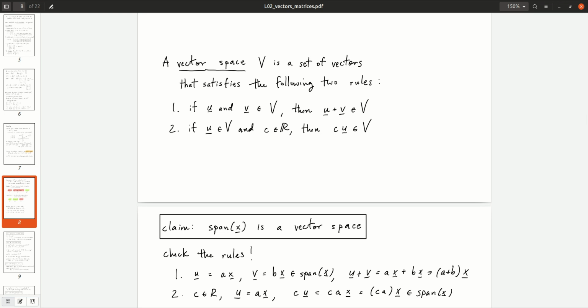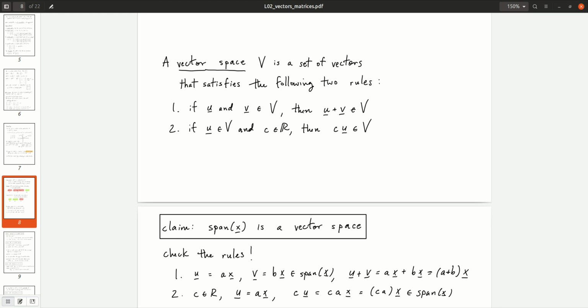If you just factor out the x, you get a plus b times x. And this is exactly what we were going for. We wanted to be able to write u plus v as a scalar. The scalar is now a plus b times x. Okay, so it satisfies the first rule, check mark.